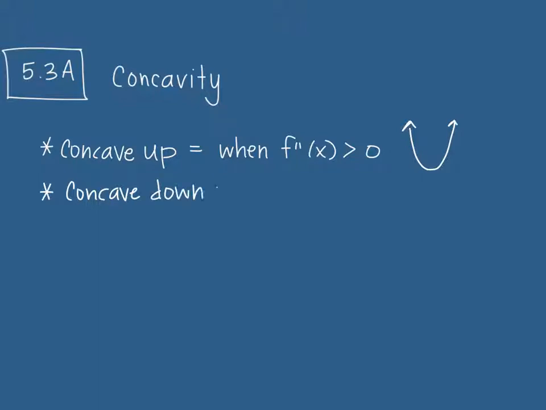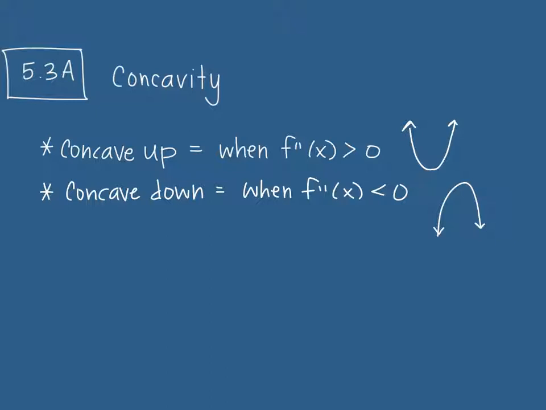Concave down is the reverse, and that is when f double prime of x is less than 0. Concave down would look like a parabola upside down, where nothing would be able to gather, no liquid or anything could gather in that.